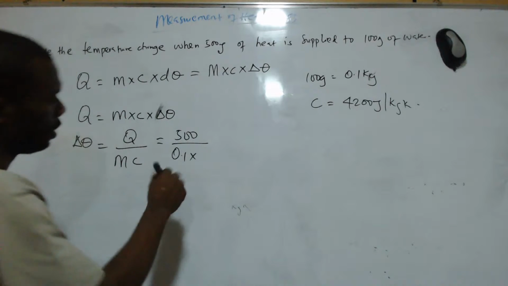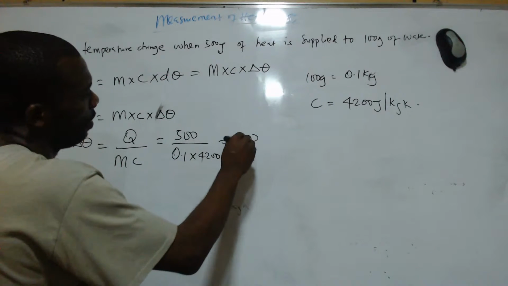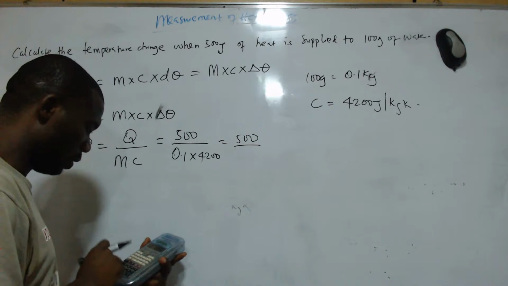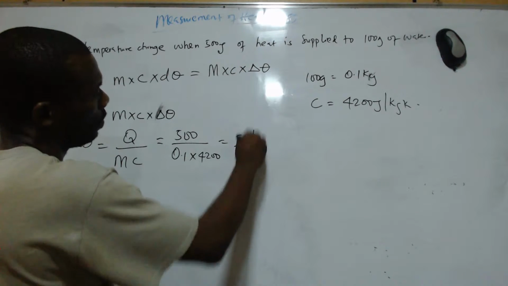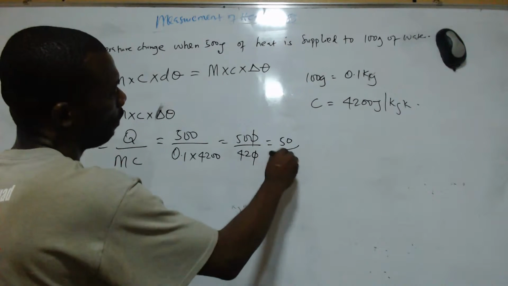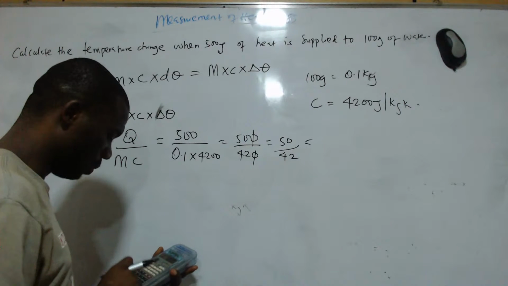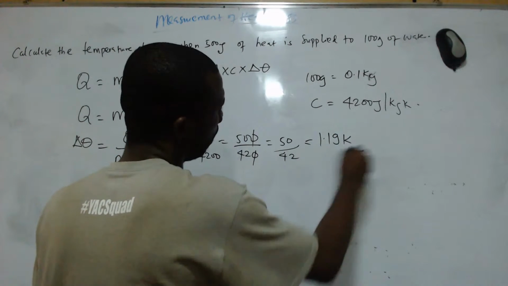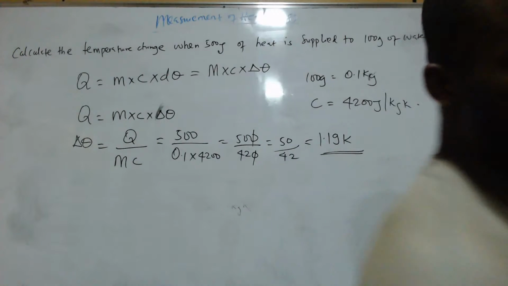So we substitute it here, 4200. So we have 500 over 0.1 times 4200, which will give us 420. So we cancel this, we have 50 over 42. So 50 divided by 42 will give us 1.19. That is the temperature change in the system.